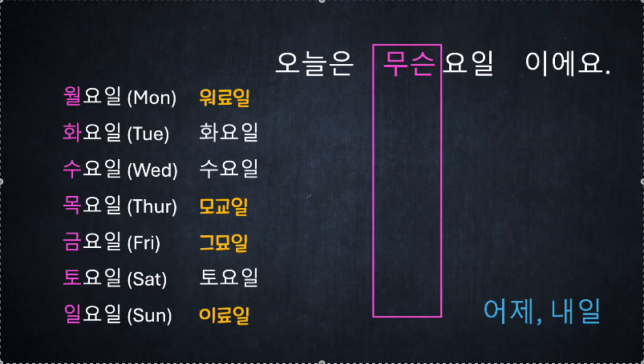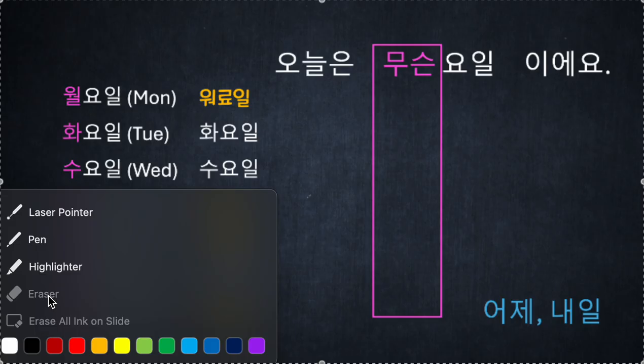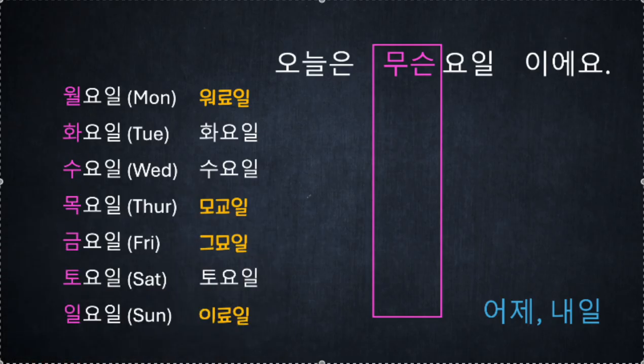Okay. Next. 오늘은 today 무슨 요일이에요? 무슨 is what or which or what kind. We have a whole bunch of 요일. 요일 is a day. Monday, Tuesday, Wednesday. So if I say 오늘은 무슨 요일이에요? Then you will say 오늘은 수요일이에요.